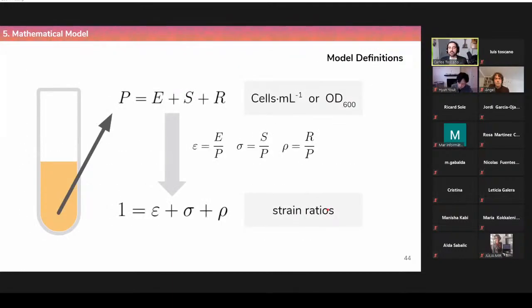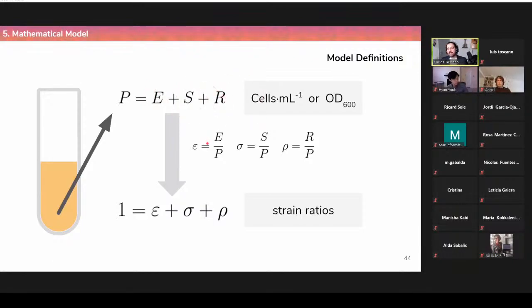So if we have a culture composed by a population with concentration P, measured in cells per milliliter or in corrected optical density at 600 nanometers, we can decompose that in an amount of emitter cells, an amount of zinc cells, and an amount of receptor cells.